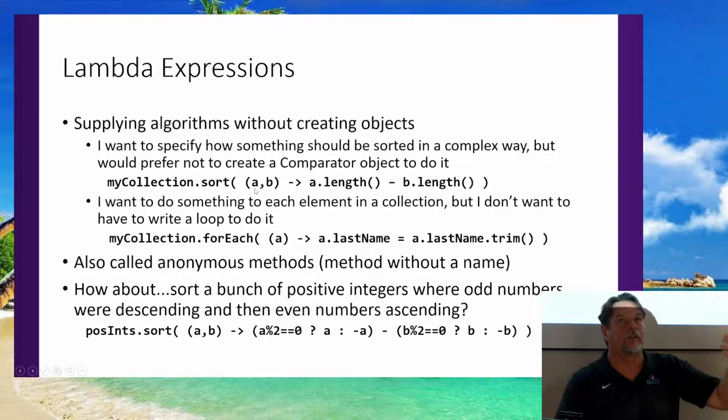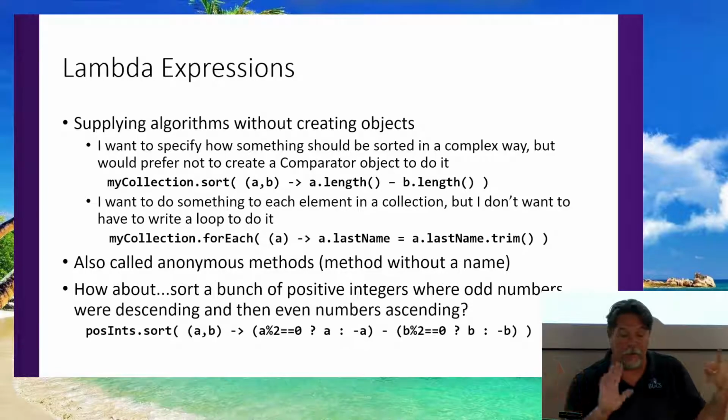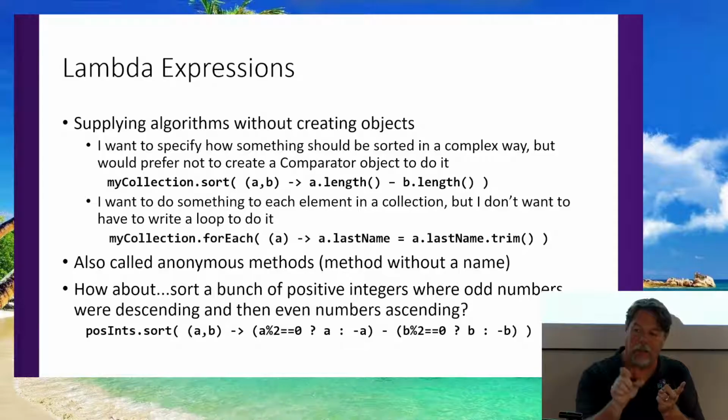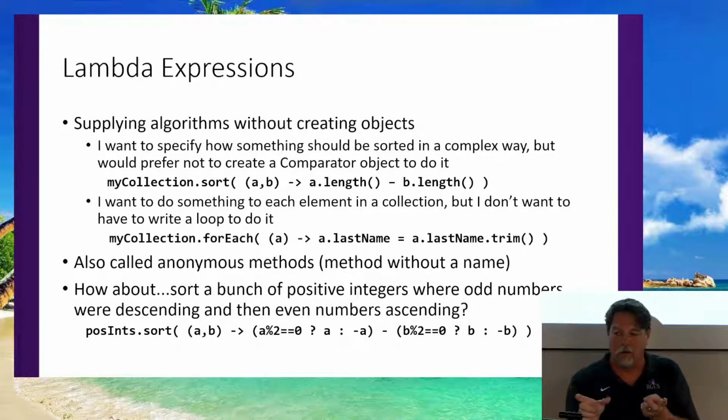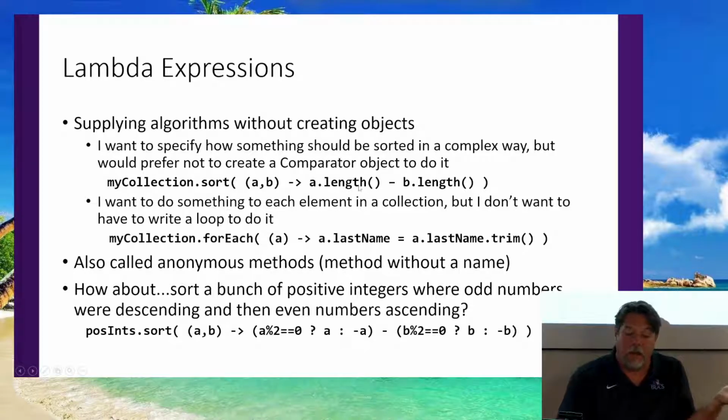abstractly, think of a scenario where I have two values, A and B, and I want to calculate the difference between the length of A and the length of B. Now in this scenario, A and B, whatever data type those two things are, they both have to have a dot length method.